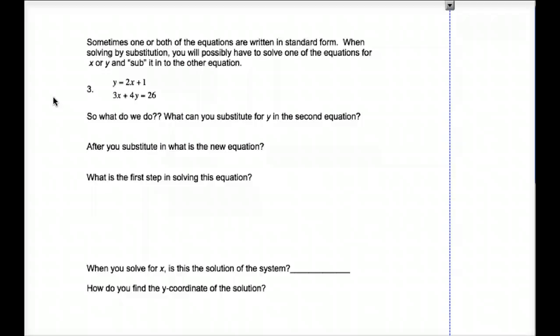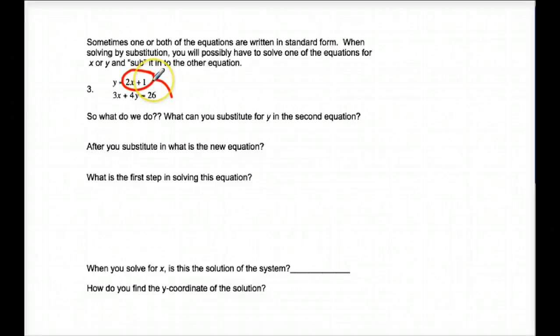What does y equal, guys? 2x plus 1. Guys, circling it helps. I'm going to take what y equals, and it always has to go into the other equation. I'm going to substitute it in for y. I'm going to take 2x plus 1 and substitute it in for y in that second equation.